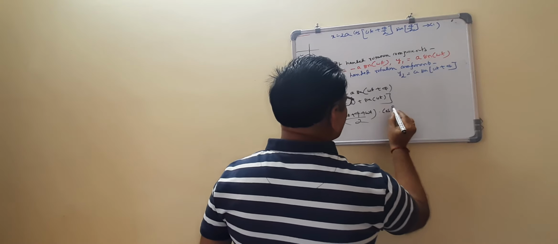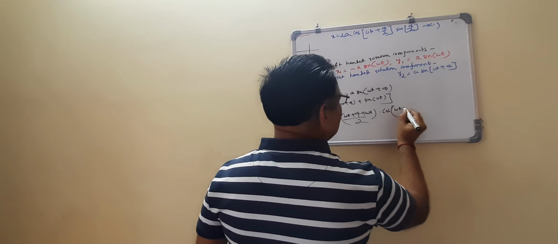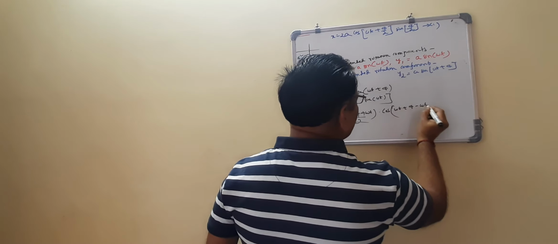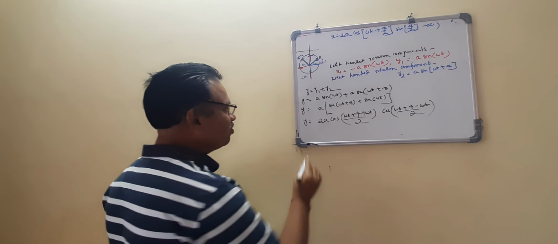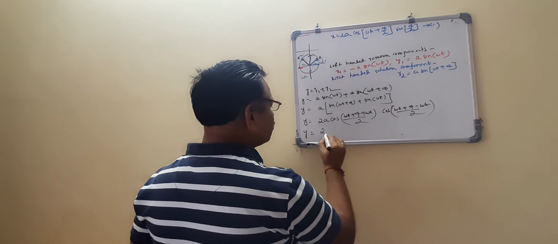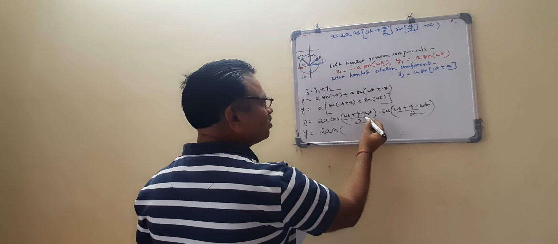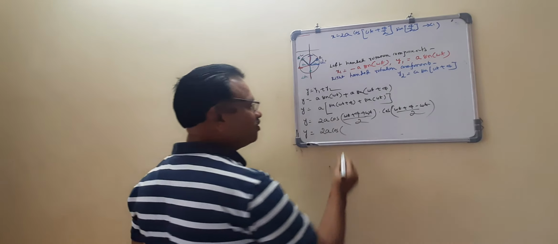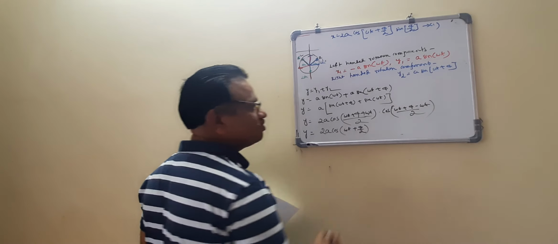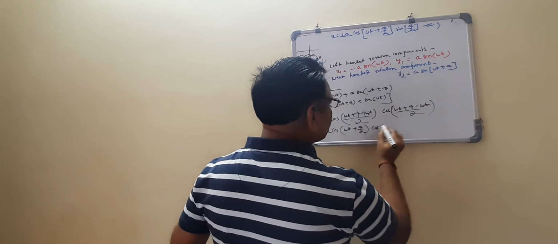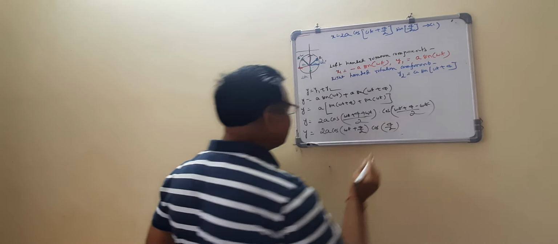Into cos of (a minus b) by 2, this one, omega t plus phi minus omega t divided by 2. Now this y equal to 2a into cos of omega t plus omega t equal to 2 omega t divided by 2, nothing but omega t plus phi by 2, and into cos of, this value cancels, it is phi by 2.